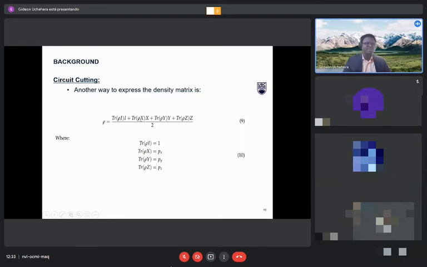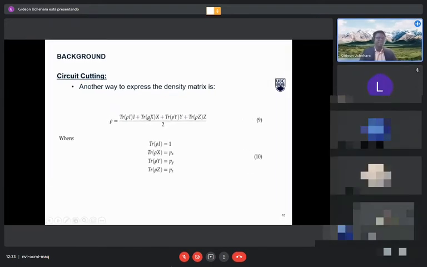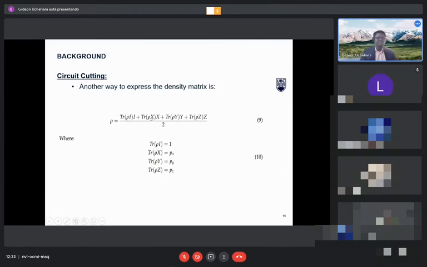And here we're taking the expectation value of X, given the qubit rho. In this case, we are taking the expectation value of Y, given the quantum state rho, and for Z, we do the same thing.